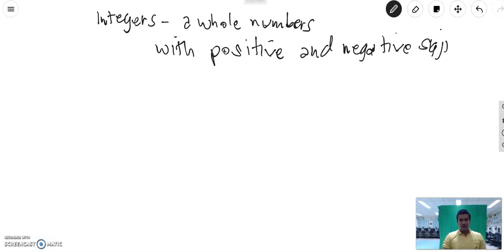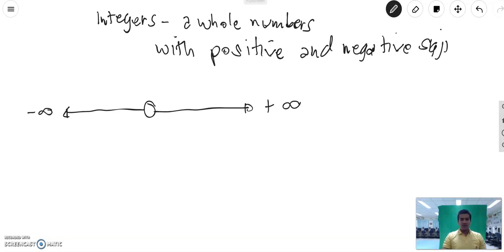Positive are the values from 0 going to positive infinity. So we know that a number is positive if its value is greater than 0. And if the value is less than 0, it is going to negative infinity.